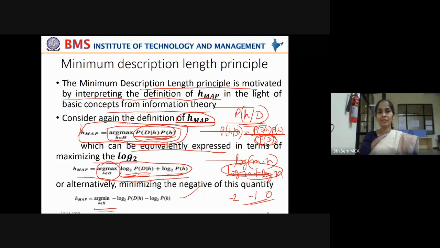You have taken the maximum a posteriori hypothesis formula and applied log to it, but maximum a posteriori hypothesis is to maximize the likelihood of a hypothesis, or in other words, you are minimizing its likelihood when you apply a negative symbol, negative likelihood. So that is given here.